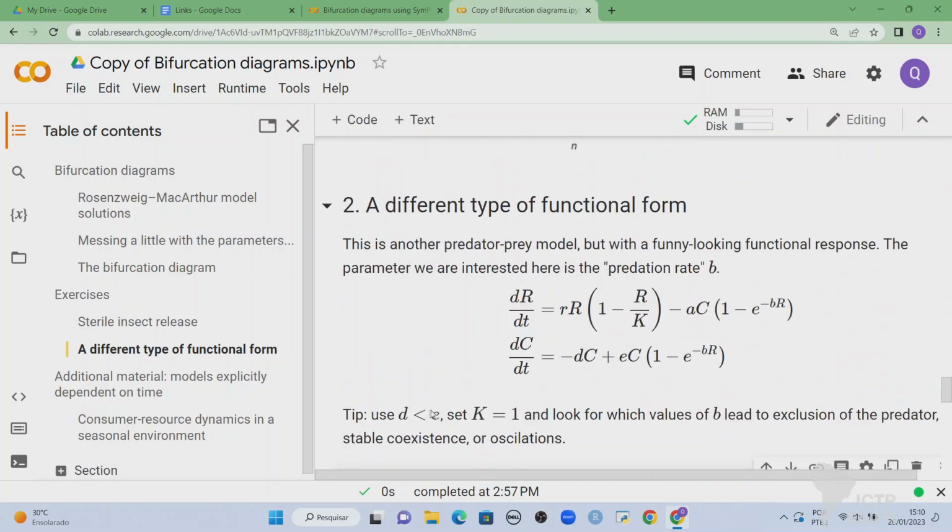Now G and E, we already know that G has to be smaller than E, and G is the death rate of the consumer, right? So the death rate of the consumer, usually we would expect what? That it's of the same order or lower than the growth rate of the resource, right?